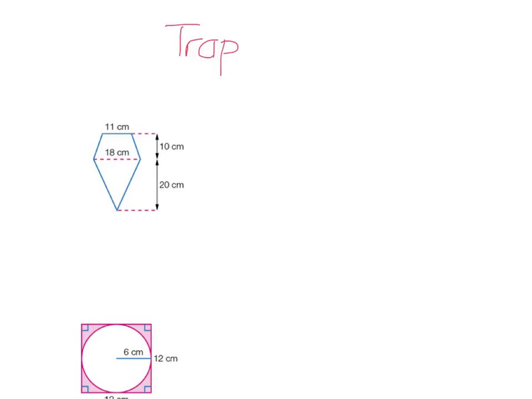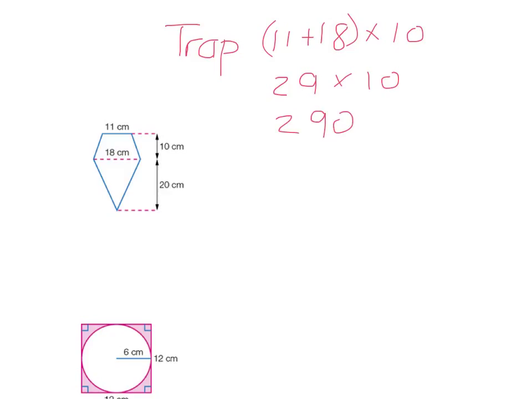Well, you have to add A plus B, which is your top line and your bottom line. So that's 11 centimeters and 18 centimeters. So we go 11 plus 18. And then you have to multiply it by your height, which is 10. So 11 and 18 will give you 29 times 10 will give you 290. Okay, so we know that the trapezium is going to be 290 square centimeters.